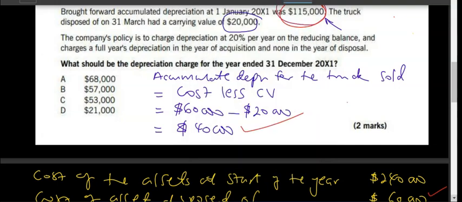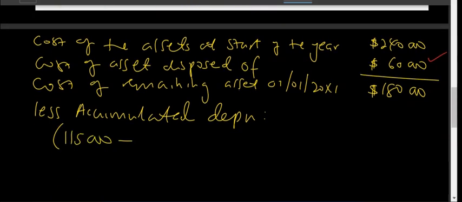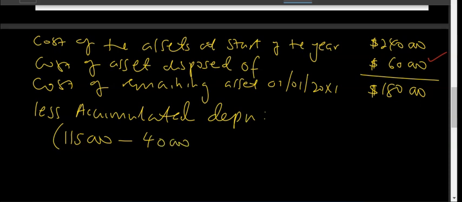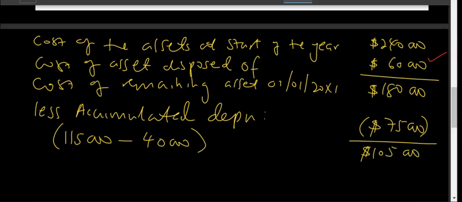So we are going to have 75,000, and if we deduct this amount from 180,000, we have 105,000.